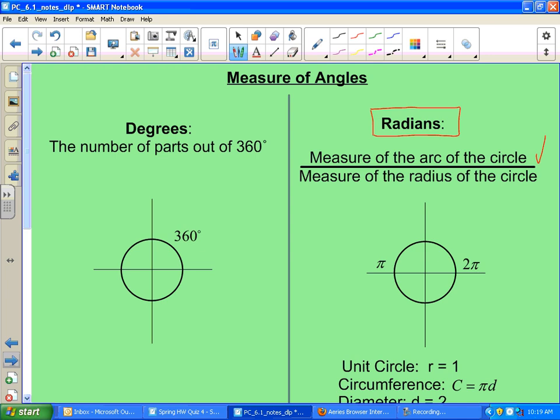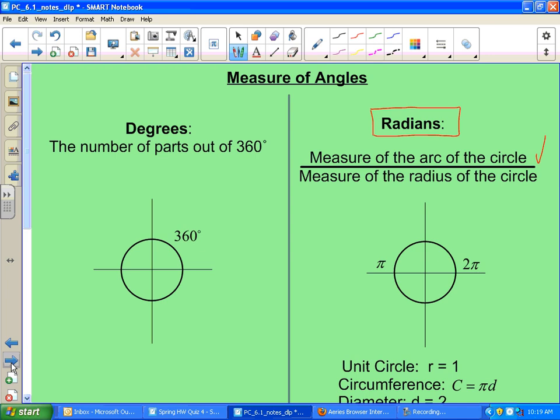What's an arc? What's the arc of a circle? Yeah, it's the round part of what we call a sector. A sector is a slice of the circle. So an arc is like the crust on a pizza.